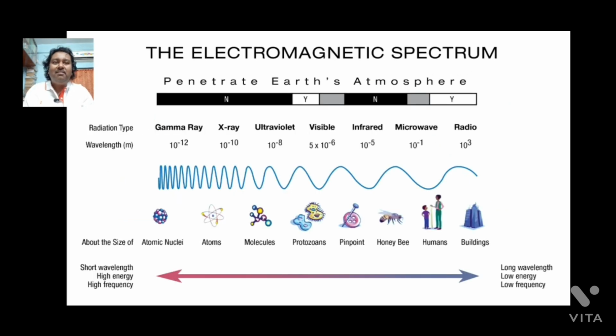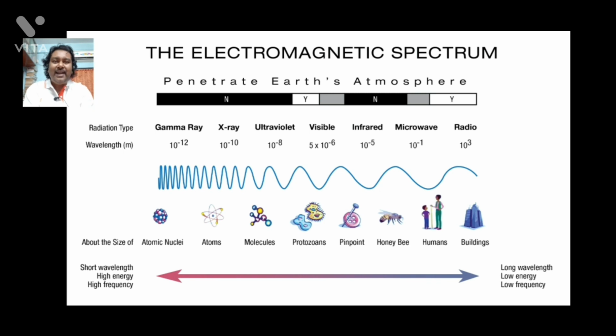This is the electromagnetic spectrum, from right side to left side, from radio wave to gamma ray. The wavelength of light is decreasing, but the power of resolution is increasing.